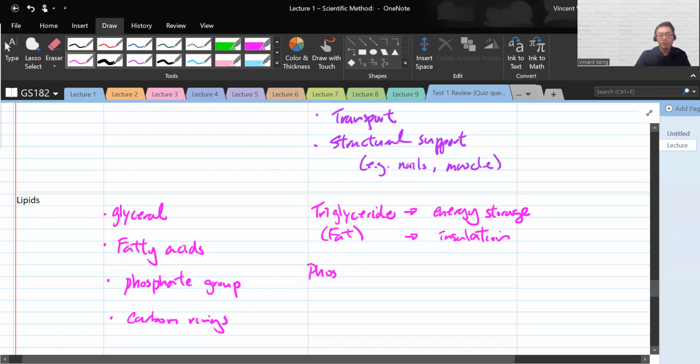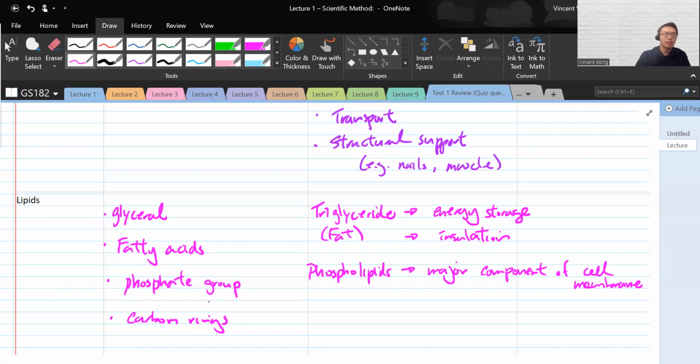We have phospholipid. Phospholipids are the major component of the cell membrane, right? Does anybody remember what the carbon rings form? I have 4 carbon rings that are fused together. What kind of lipid does that give you?